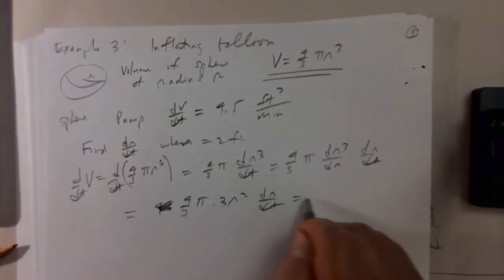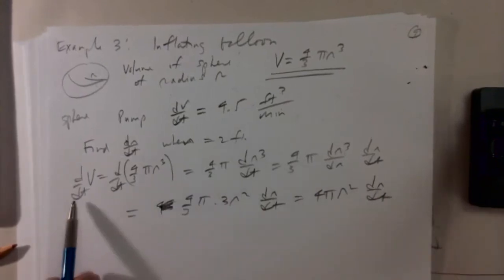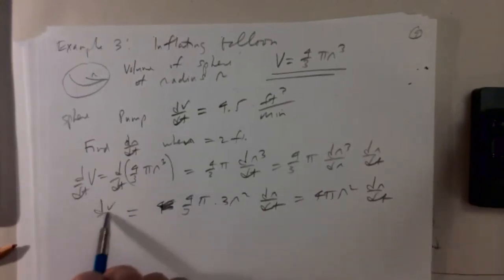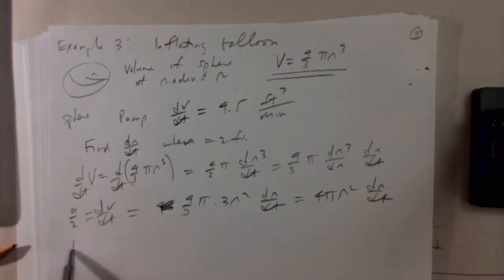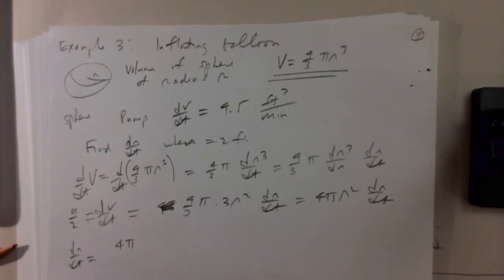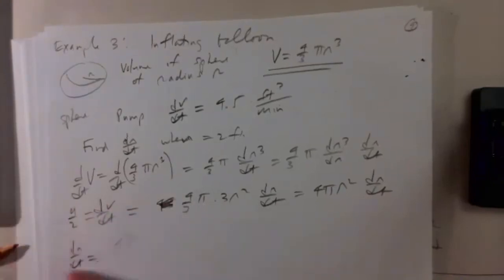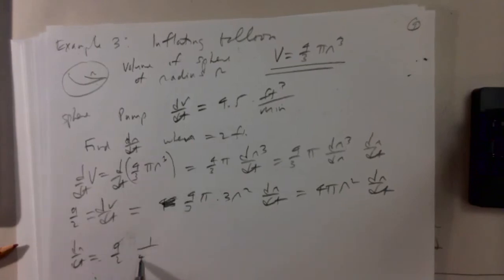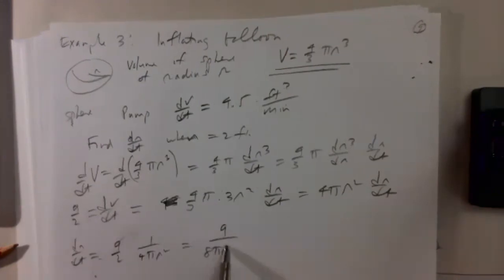These 3's cancel. You get 4 pi r squared dr/dt, and that equals dV/dt, which we're told is 4.5 or 9/2. So we get that dr/dt is 9/2 times 1 over 4 pi r squared. So that's 9 over 8 pi r squared.